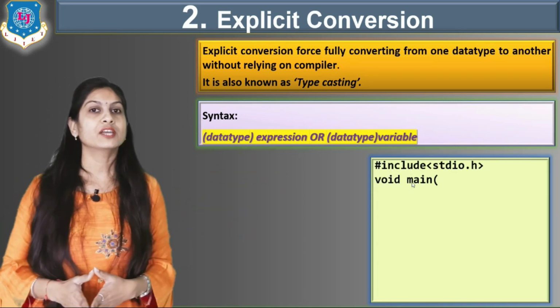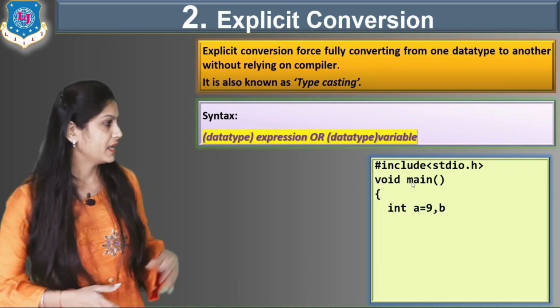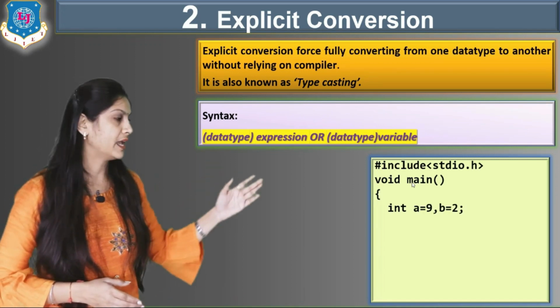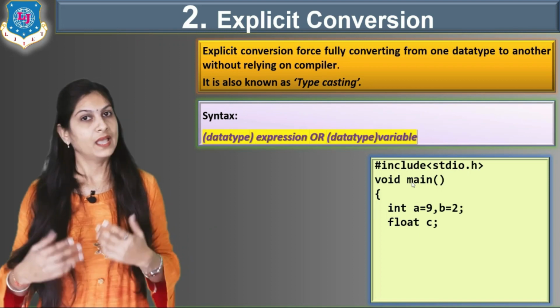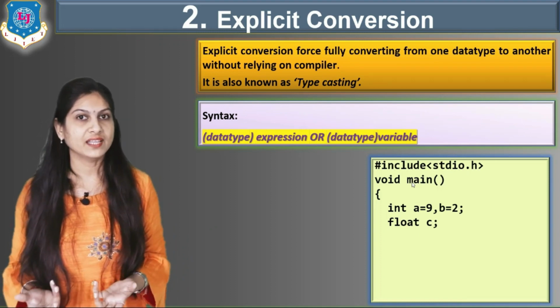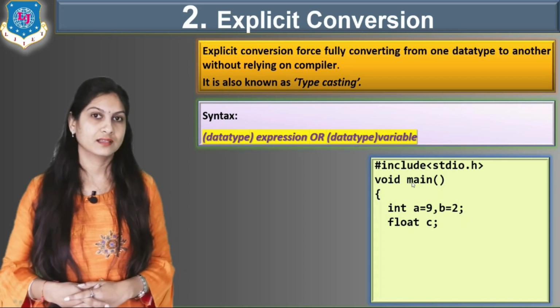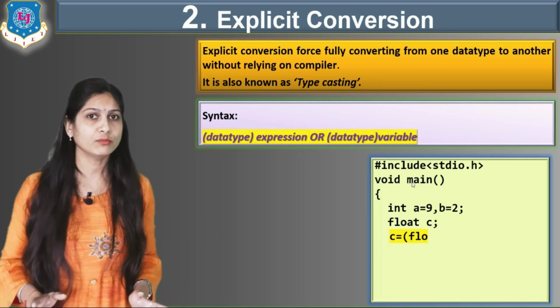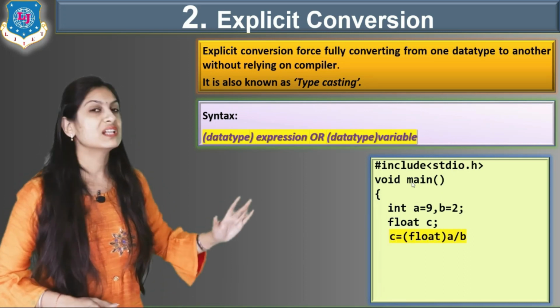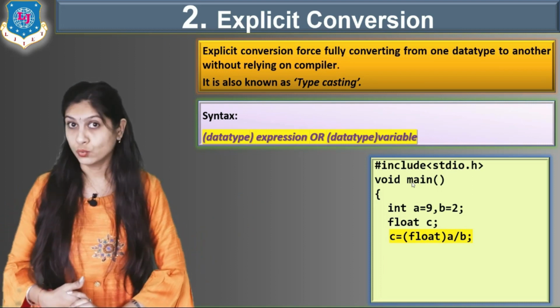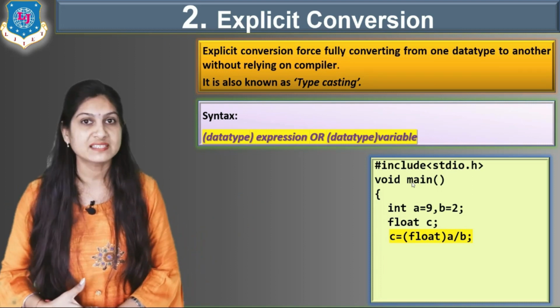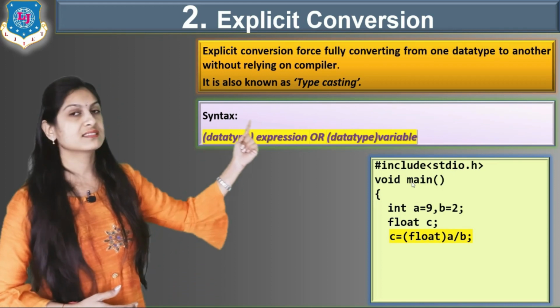Same example here for a division of two numbers, and a is the same 9 and b is the same 2, and the answer obviously we are getting in a float. So the float variable is c. Same formula I am applying, c equals a divided by b? No. Now we have to follow the explicit conversion, and the syntax is like this.